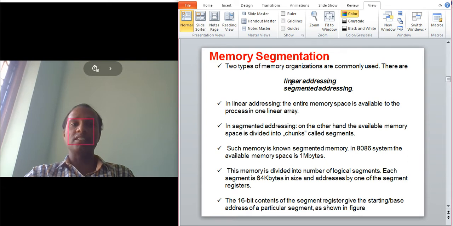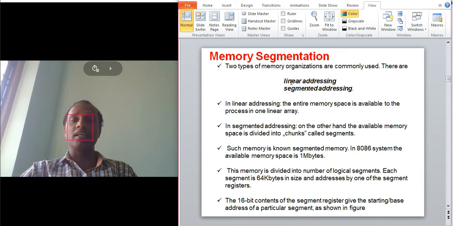In segmented addressing, the memory space is divided into different chunks, and we call each a segment. Linear addressing is not used in 8086; that is in 8085. In 8086, we go for memory segmentation.